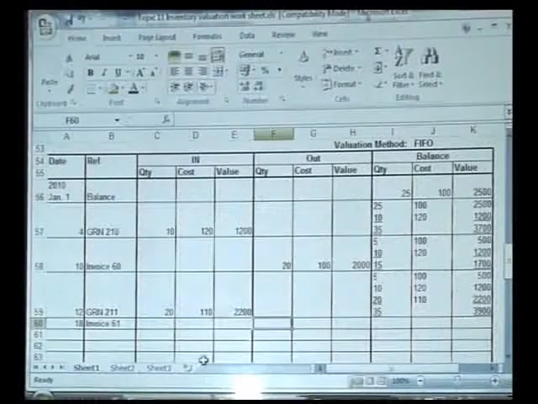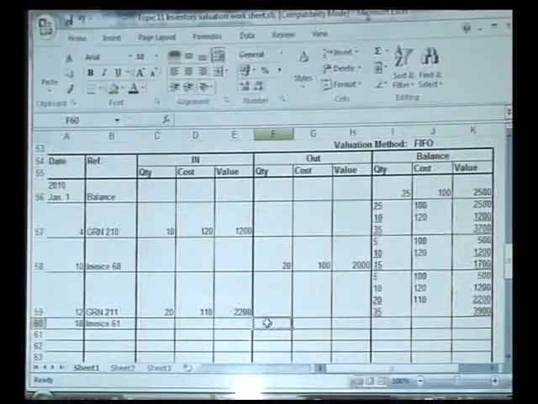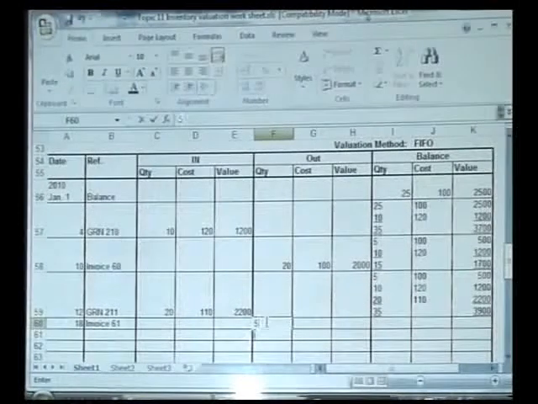How many units sold? 12 units. So then look at the composition of the stock. This is first in first out, first old stock first, so 5 from the old stock, and we have to take another 7 units to make it 12.